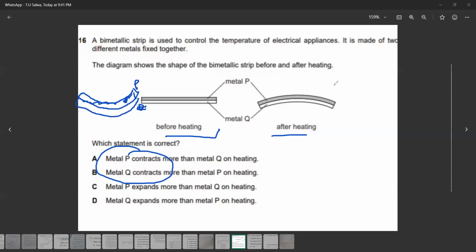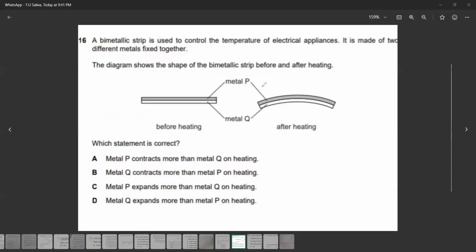And the one which expands more, the opposite side it bends. So in a contraction, if the question says it is cooled, which contracts more is the side it is bending. And if they are saying it expands, we check which expands more, and the opposite side it bends. Like if it is bending towards the side of Q, it means P expands more. And in contraction, if it is bending to the side of P, it means P contracts more.